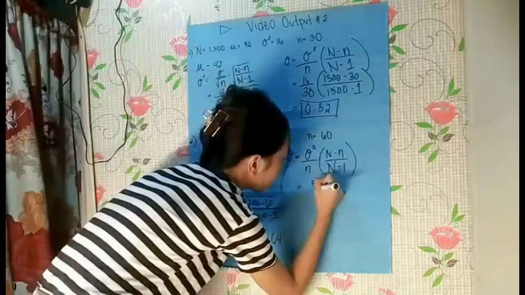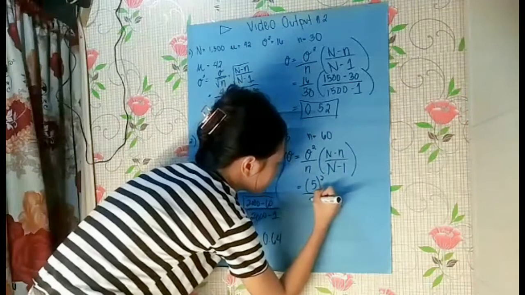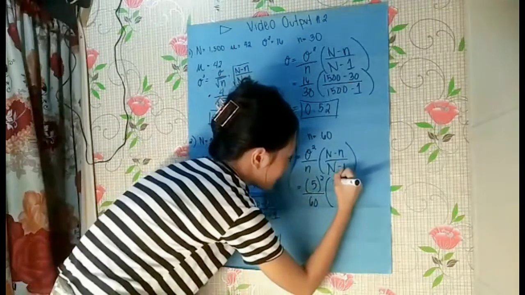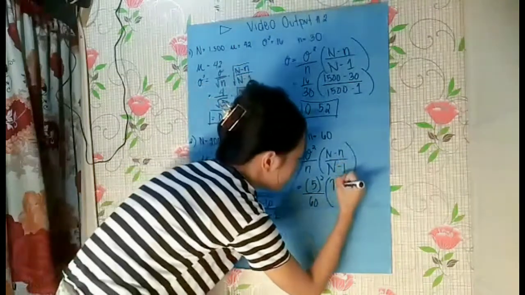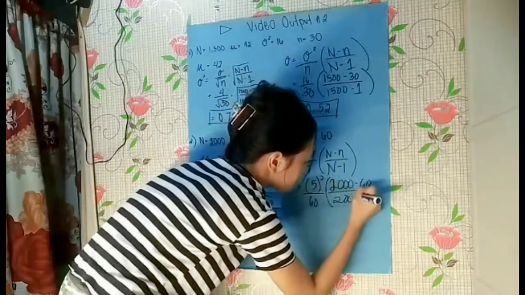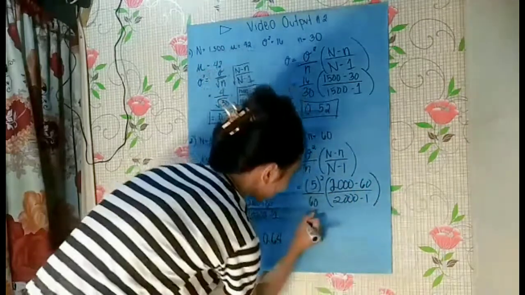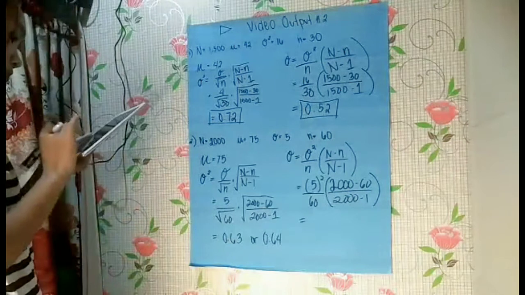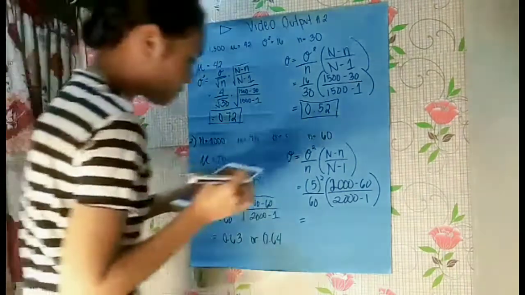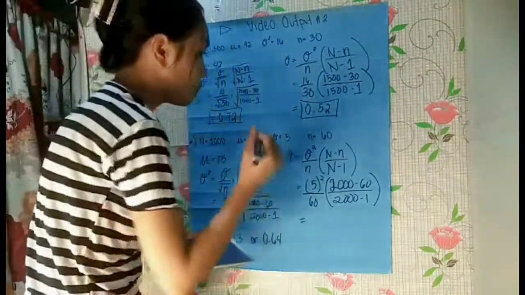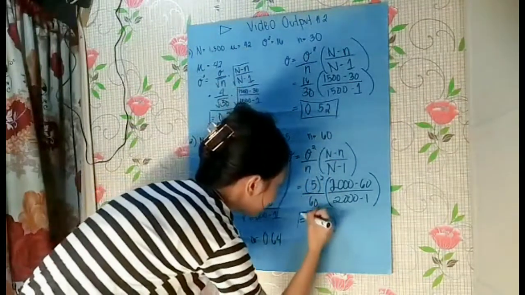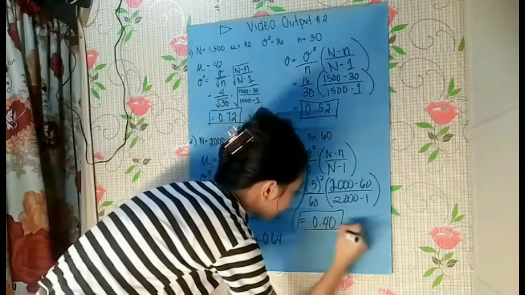We have 5 squared over the sample size of 60 multiplied by the population of 2,000 minus the 60 over 2,000 minus 1. Let us get our calculator. After using the calculator, we get 0.40 as our standard error.